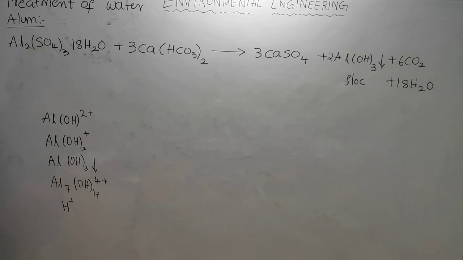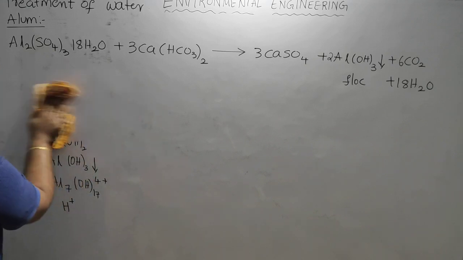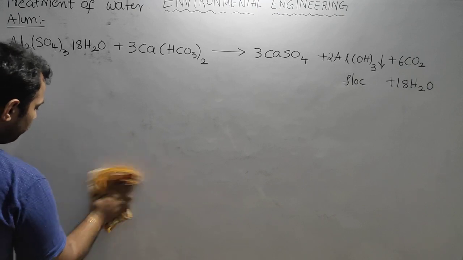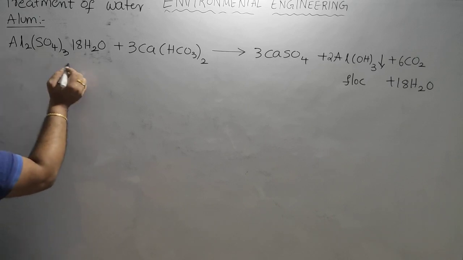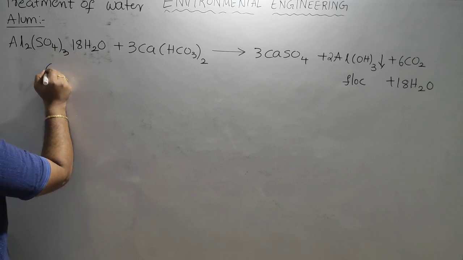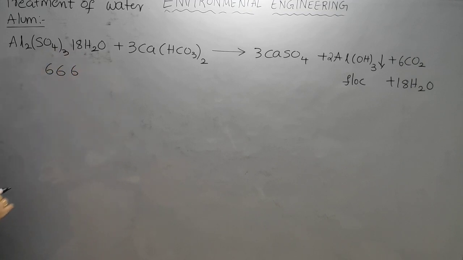Now to understand this, we first need to find the requirement of alkalinity for a single unit of alum. For that we need to know the molecular weight of alum and the molecular weight of the alkalinity. The molecular weight of alum, Al2(SO4)3.18H2O, is 666. If you calculate it, you will get the same value.